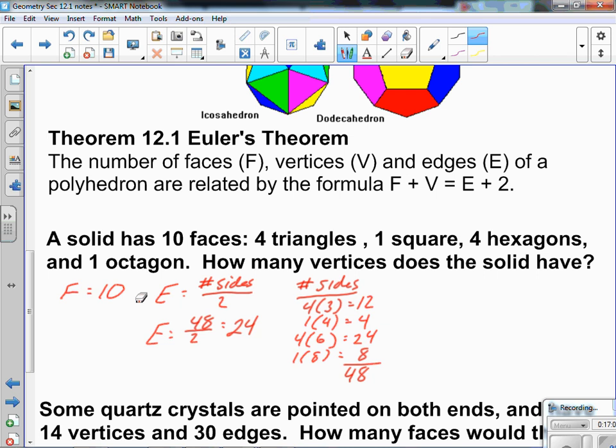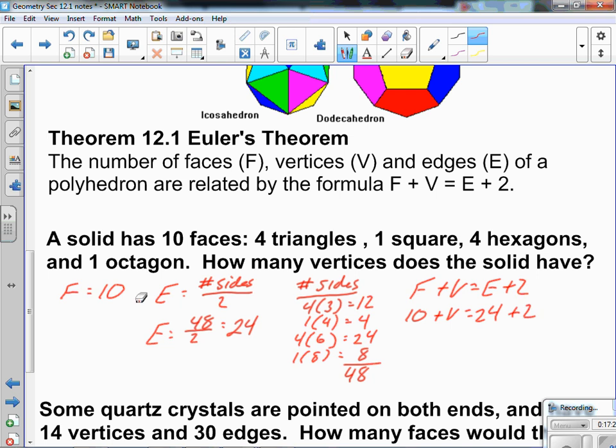So now we have 2 of the variables, so we should be able to solve for the third one, which is the number of vertices, using that formula, F plus V equals E plus 2. So F is 10, V is what we're trying to figure out, E is 24, and plus 2.